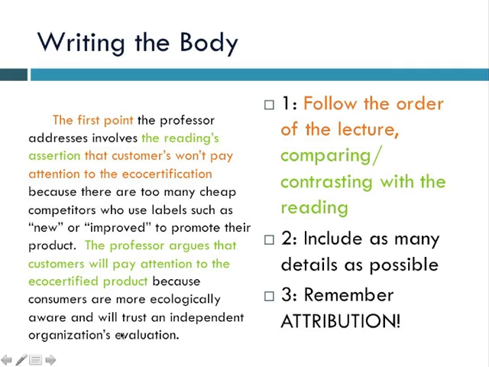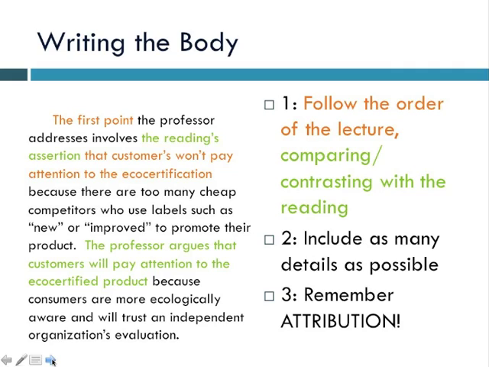Now, in terms of the details, again, one thing I tried to do is use a lot of the same language that the reading was trying to use and the professor. So I tried to make sure I used words such as eco-certification or competitors, promoting a product. At the bottom, remember earlier when we analyzed the reading and the listening, we noticed use of the word independent organization or independent agency. So we tried to include as many of those details as possible.